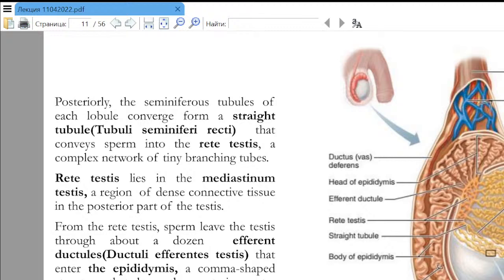There are the tubuli seminiferi recti. This is the tubulus seminiferus. This is the septum. This is the lobule. This is the tunica albuginea.